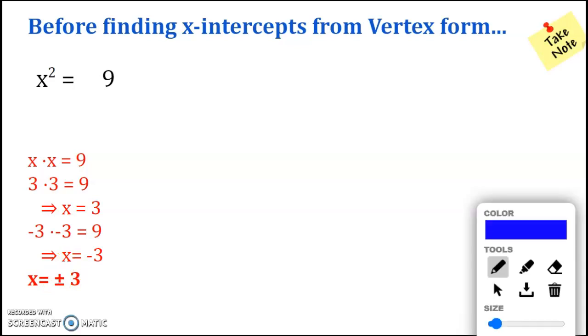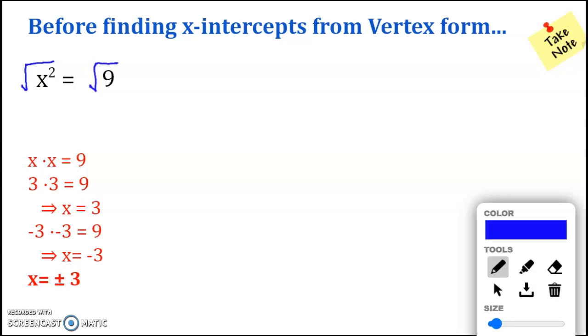So let me show you how I would solve this algebraically. Whenever you see something squared is equal to 9 and you want to find the value of x, just as you can add the same number to both sides of the equal sign or multiply by the same number on both sides of the equal sign, you can actually take a square root of both sides of the equal sign.